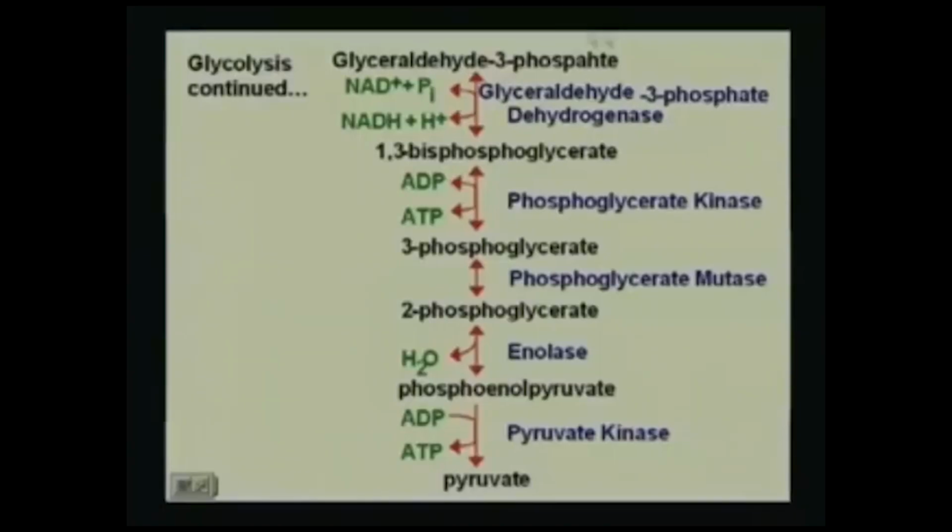NAD+ is getting reduced to NADH. And the enzyme is the dehydrogenase. So we have glyceraldehyde 3-phosphate going to glyceraldehyde 3-phosphate dehydrogenase, and in the event it forms 1,3-bisphosphoglycerate. Now that you have formed the glycerate, you have to lose the phosphate to form the pyruvate.